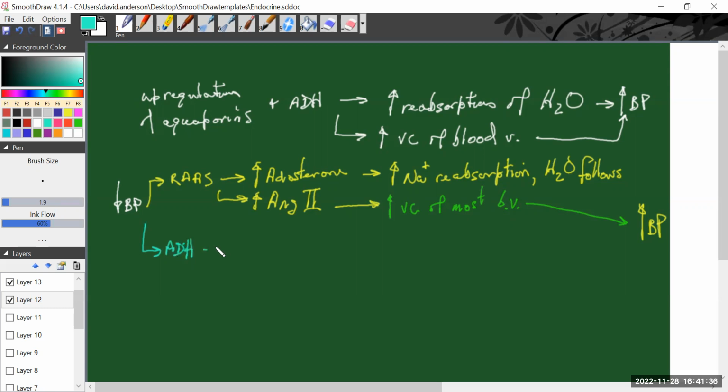ADH, right? The low blood pressure measured by osmoreceptors in the hypothalamus. That's going to increase ADH production, and ADH production is going to stimulate an increase in water reabsorption.